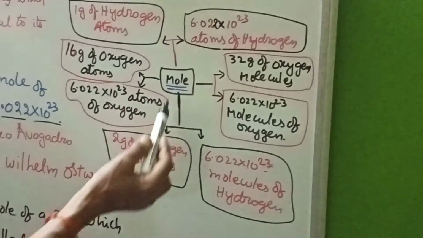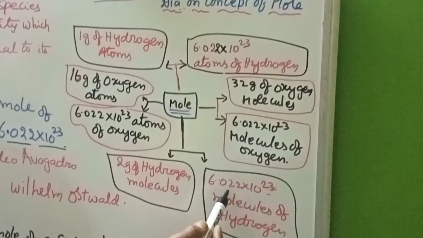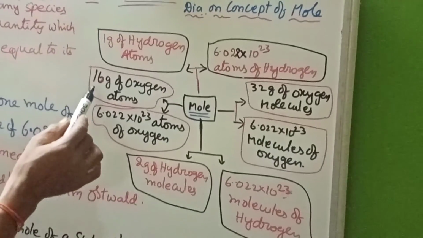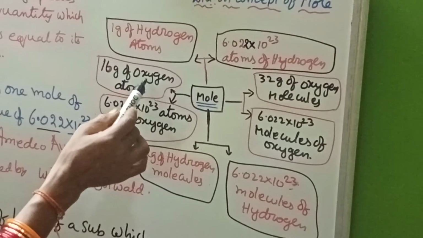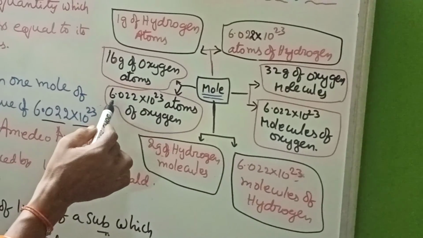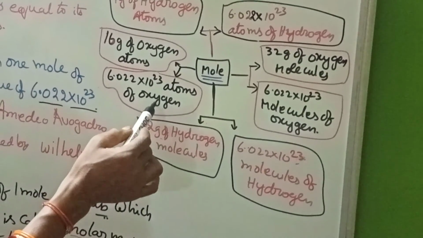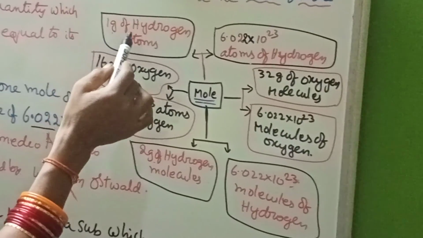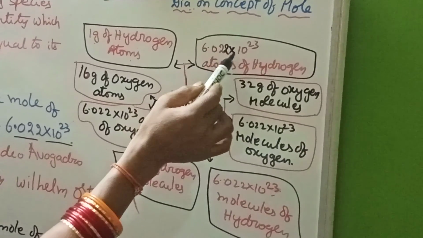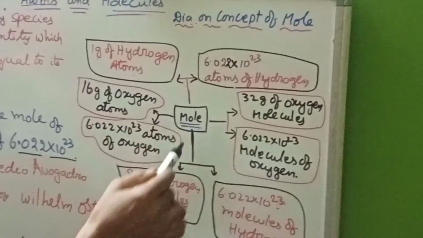If we take 2 grams of hydrogen molecules, they consist of 6.022 into 10 to the power 23 molecules of hydrogen. Next, if you take 16 grams of oxygen atoms, because atomic mass of oxygen is 16, they have 6.022 into 10 to the power 23 atoms of oxygen. This is the concept of mole.